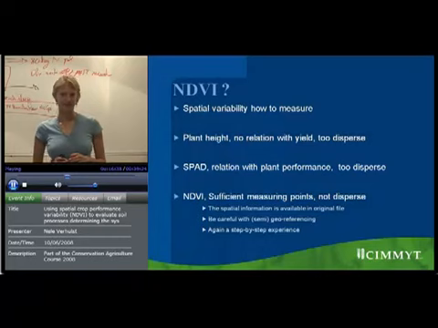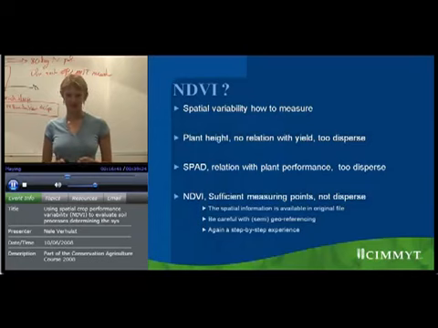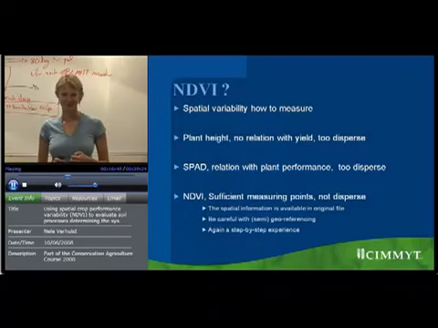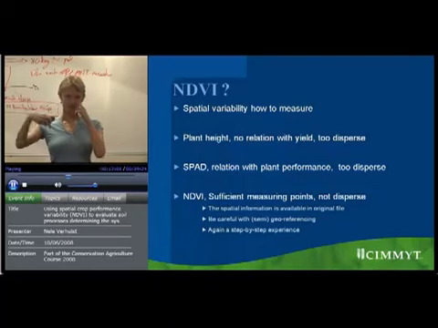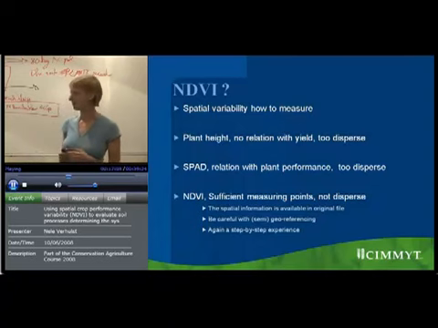Imagine yourself running around with a chlorophyll meter, trying to measure enough points to be able to tell something about spatial variability on a plot level. We tried, but it didn't go very well. So the advantage you have with the NDVI sensor is that you can measure a lot of points in a relatively short time, and that you can take measurements along one line, so you don't have any dispersed measurements. Okay.